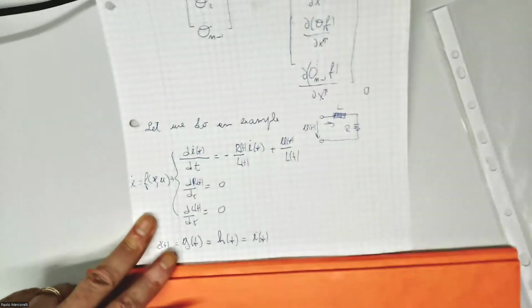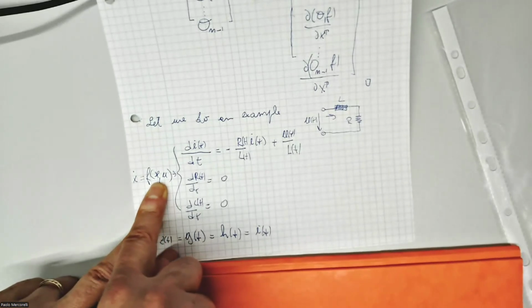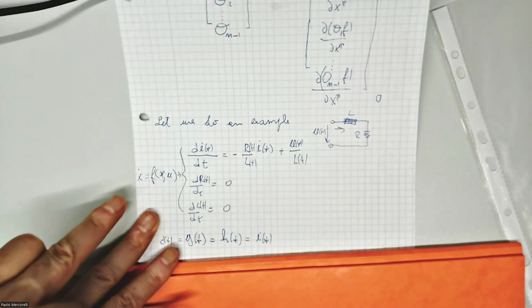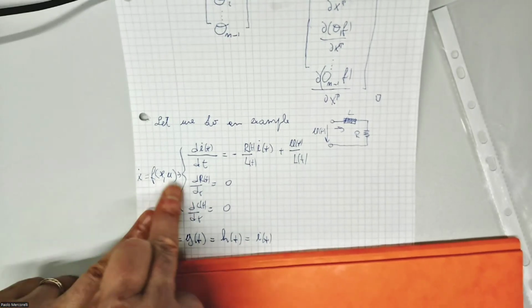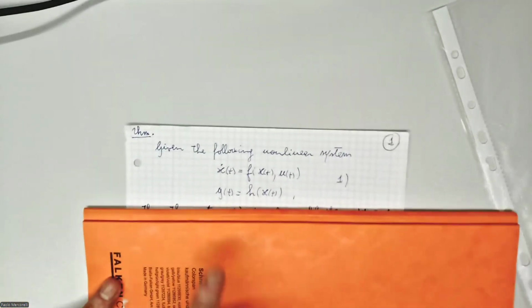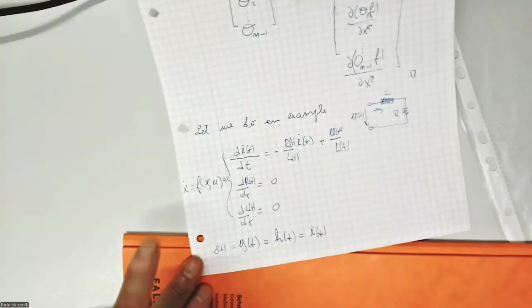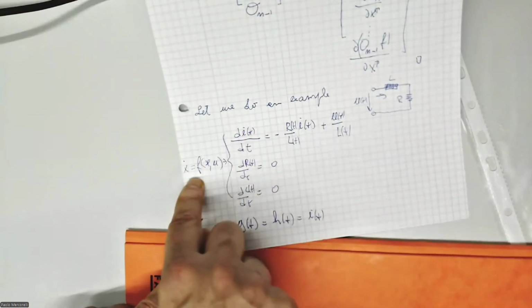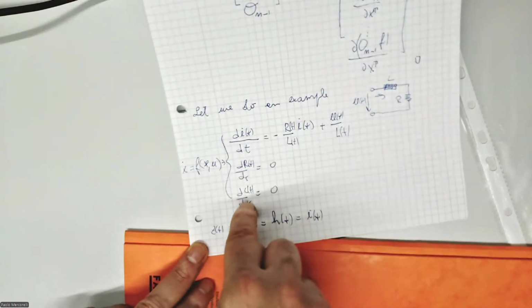Of my system x derivative equal f of x, comma u. Here, this x derivative is this component as a vector: this component, this component, this component.